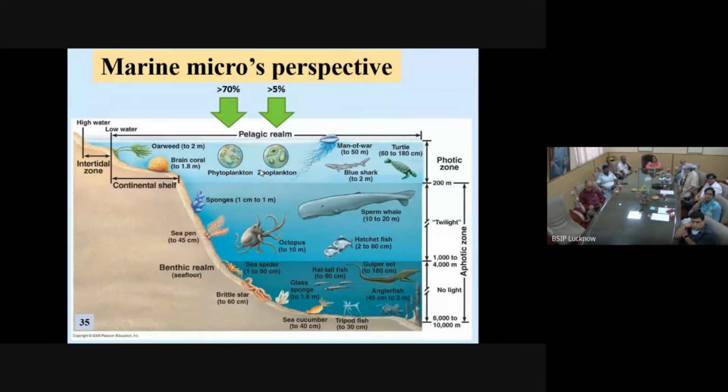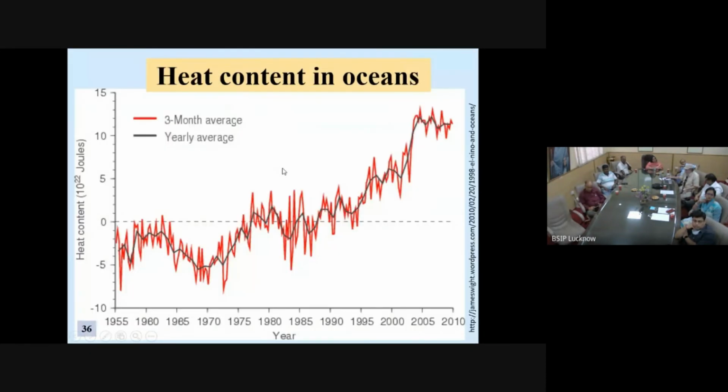I'm sure I'm speaking to an audience that knows this very well, but it's worth reflecting in any case. Because the CO2 is not staying in the atmosphere, it's going into the oceans. And this is the heat content. If you look on the list, it's an order of magnitude in a matter of a few decades.